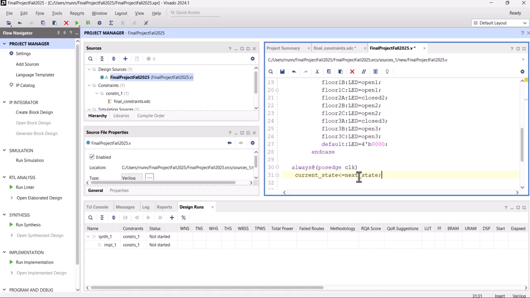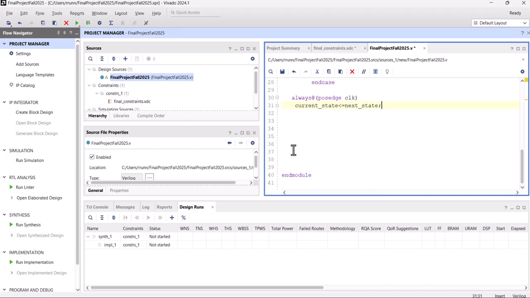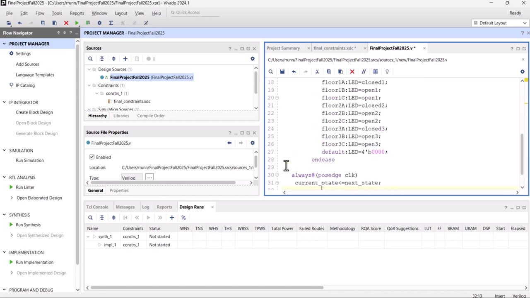So that's your last always block. And the always block that's in between is going to be the one where you do your combinational logic, where you determine what your next state is actually going to be. So this is going to be where all the hard work is.